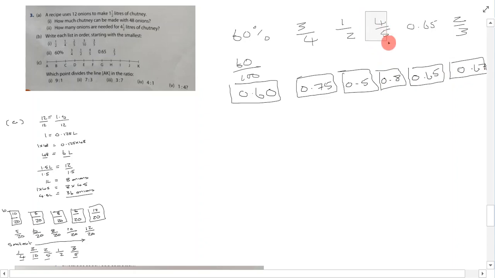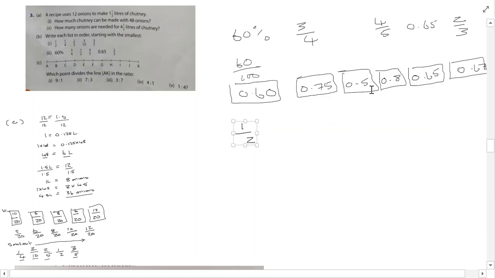Now we need to write each starting with the smallest. So which number is the smallest? 0.5 is the smallest, so we go with this one. We start with the smallest, we put that down here, so that's that one taken care of.